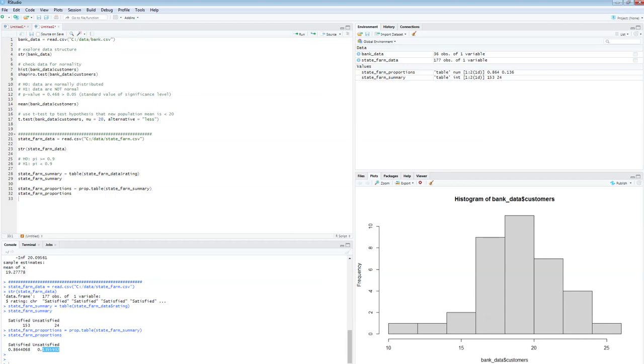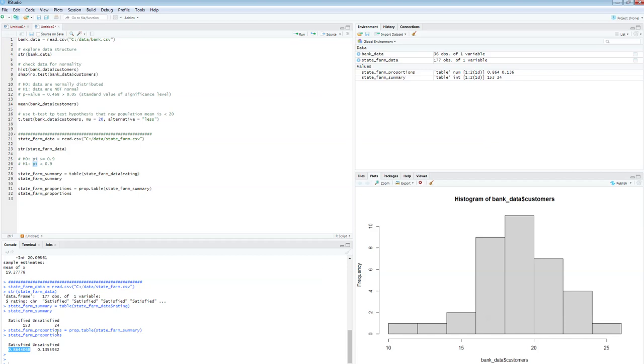So my alternative that I'm testing is the true satisfaction rate, the true population proportion of satisfied customers, is less than 0.9. Do I have kind of sort of confirmation for that in my sample? Yes, I do, right? In the sample, my proportion of satisfied customers was 86.4, which is less than 90.